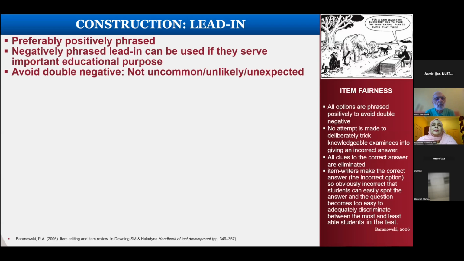Preferably, the lead-in should be positively framed. Negative lead-ins can be used if this serves some important educational purpose. Avoid double negatives, such as not uncommon, not unlikely, not unexpected, because these are expected, these are likely, these are common, so there is no need to add double negatives to confuse the student.